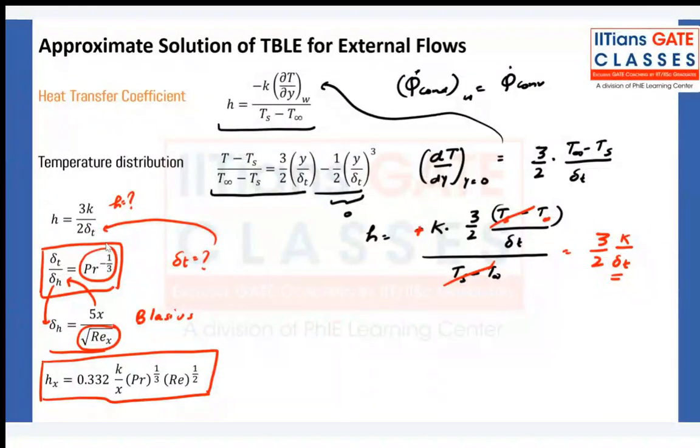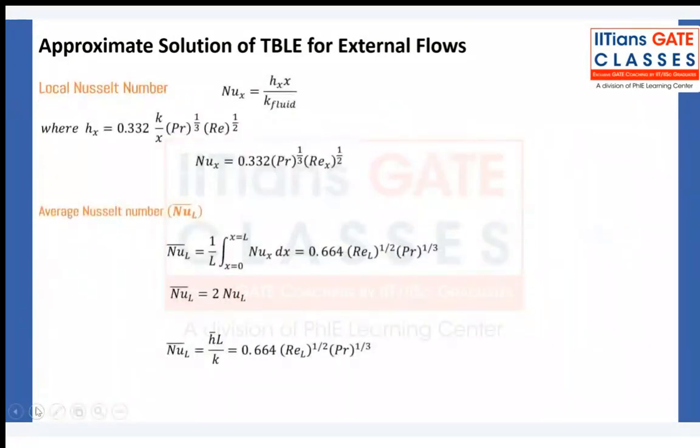Okay, chalo. Now the Nusselt number is defined as HL or HD by K. The local Nusselt number will be Hx times x upon K of the fluid. Hx I have just defined, so if I put it here, x and K will get cancelled and the Nusselt number will be equal to this.